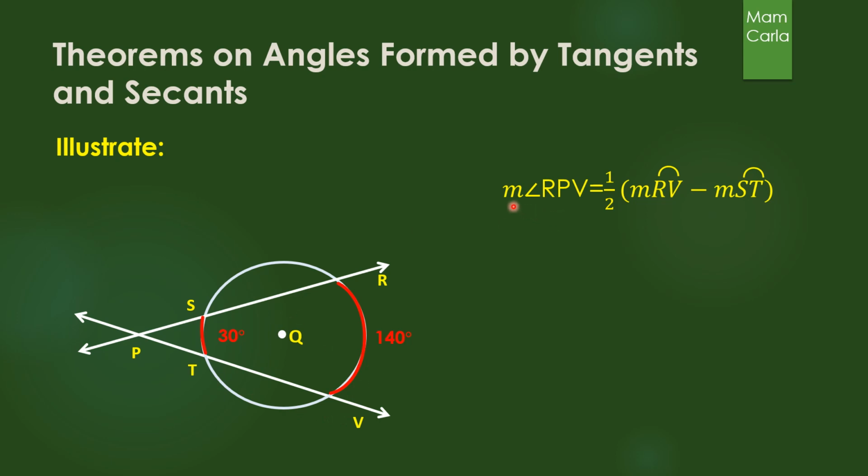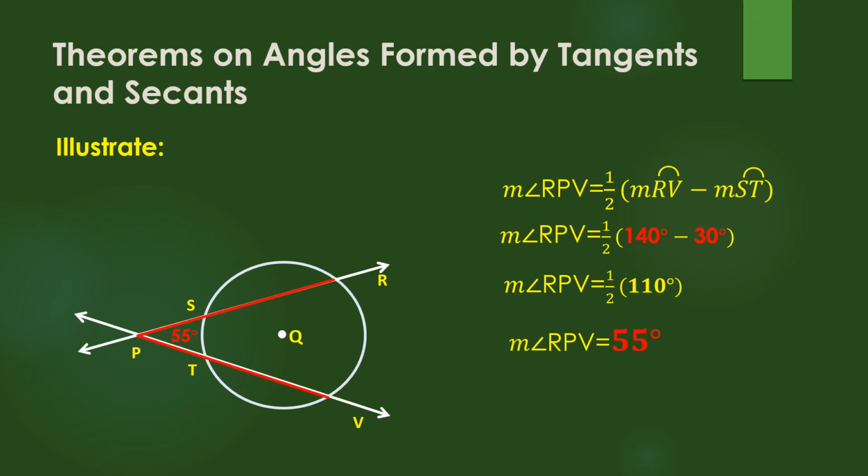We will be using the formula: measure of angle RPV equals 1/2 times the quantity measure of arc RV minus the measure of arc ST. So the measure of RPV equals 1/2, substituting the value of RV, which is 140, and ST, which is 30. Then we subtract 140 minus 30, we have 110, and getting 1/2 of 110, the measure of RPV is 55.